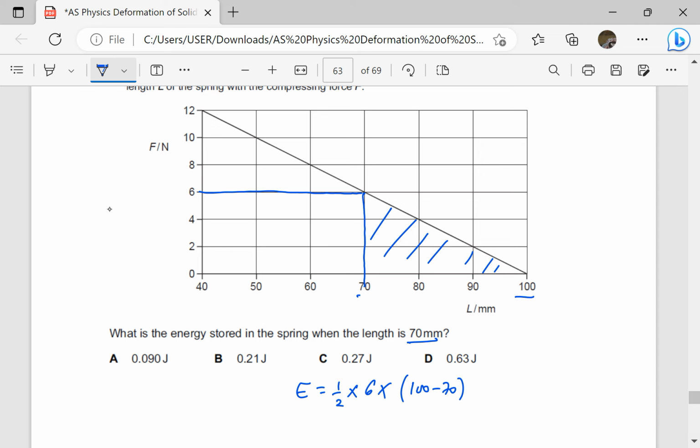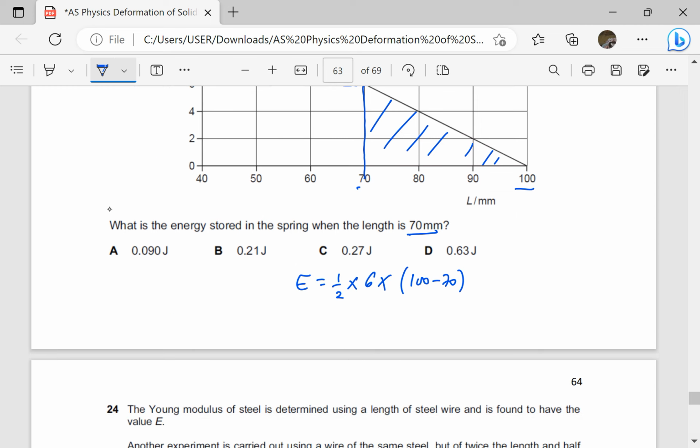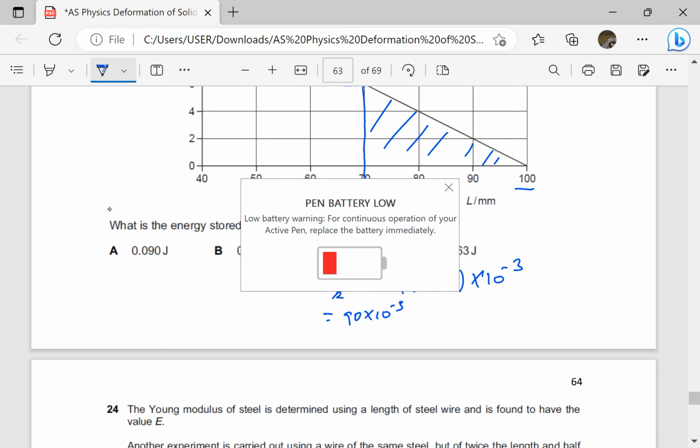That means the load is 6 newtons. So this is 100 minus 70, then times 10 power negative 3. So this gives us 3 times 30, which is 90 times 10 power negative 3. So that is 90 times 10 power negative 3.